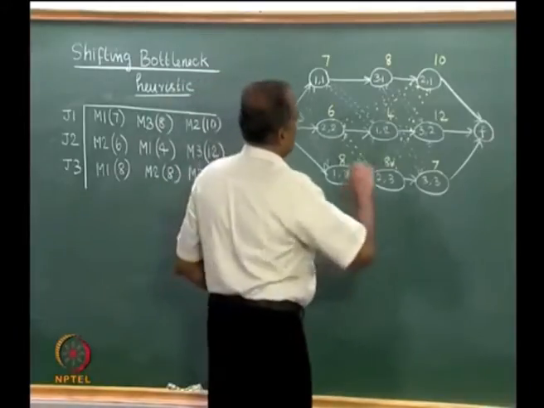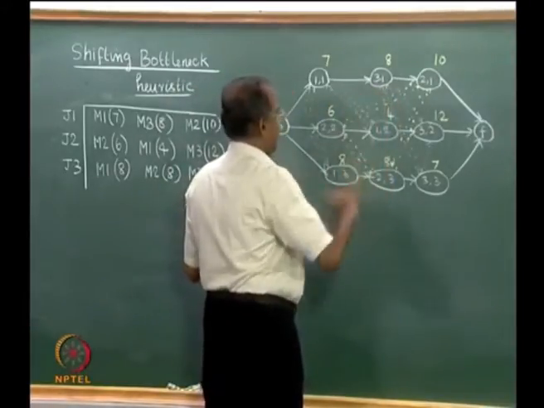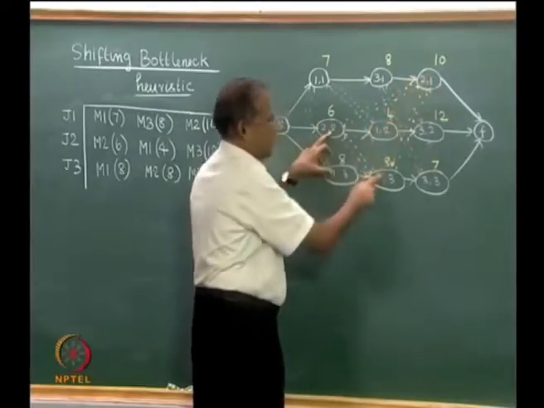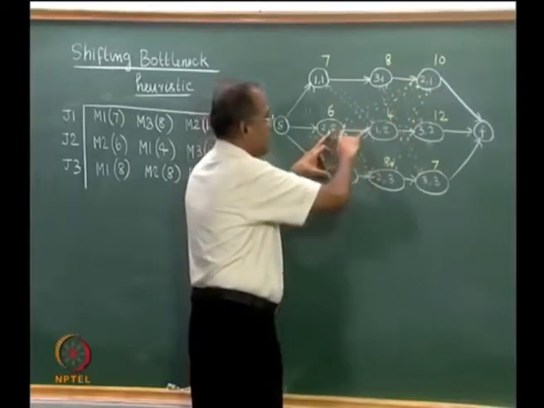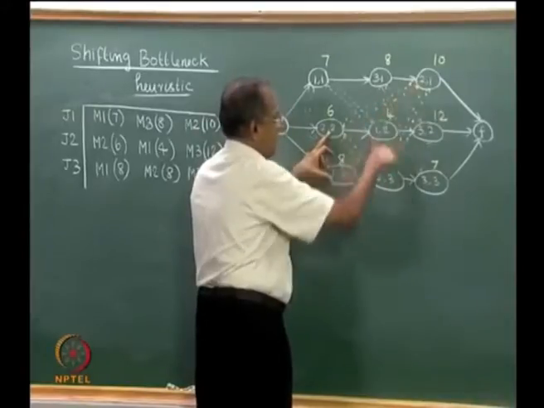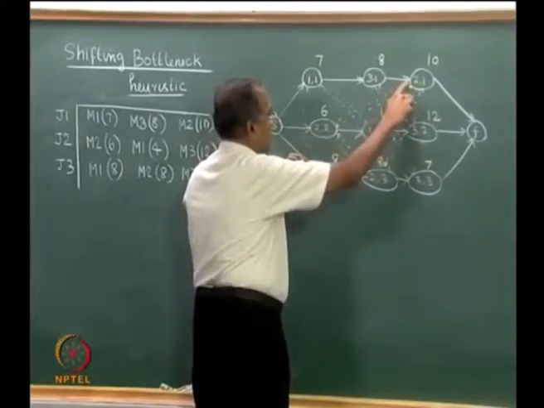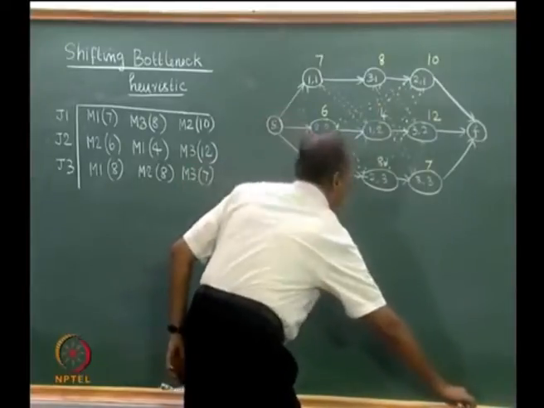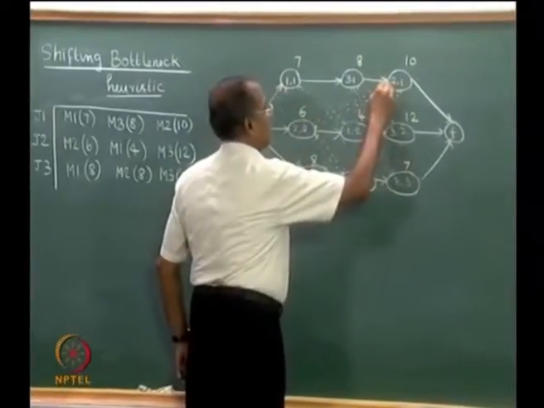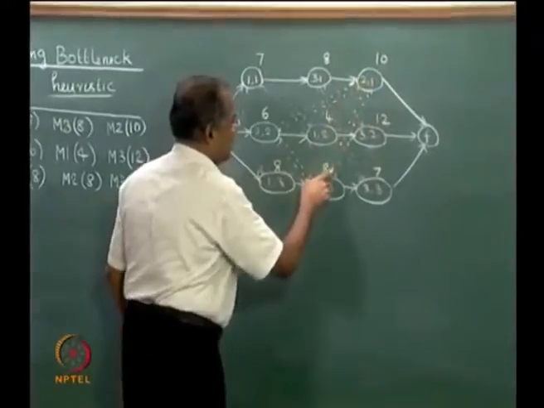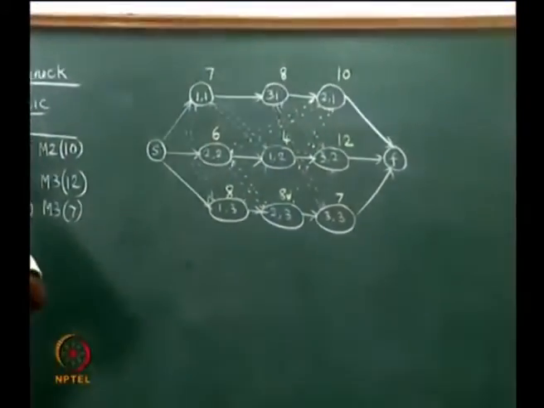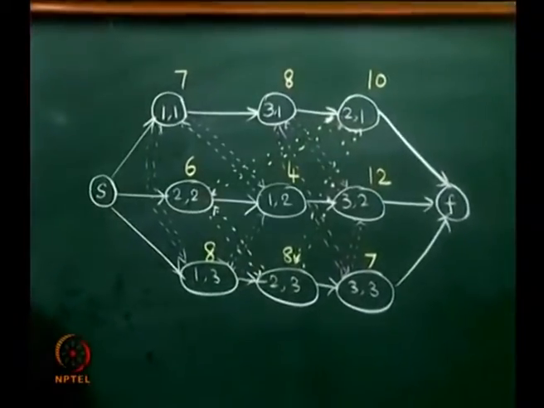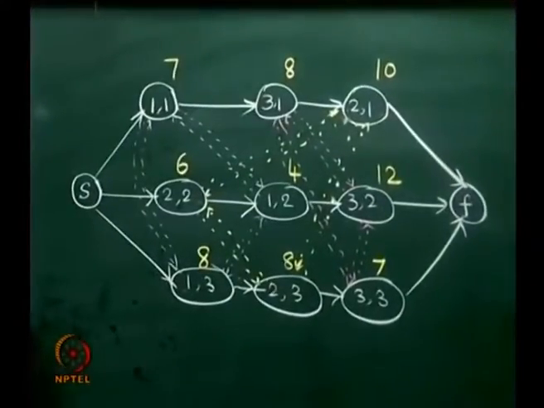So, out of these 6 arcs which are in yellow, the 2 to 1 and then 1 to 3 will be active. Now, we wish to find out for each machine which will be the active arcs out of the dotted arcs.